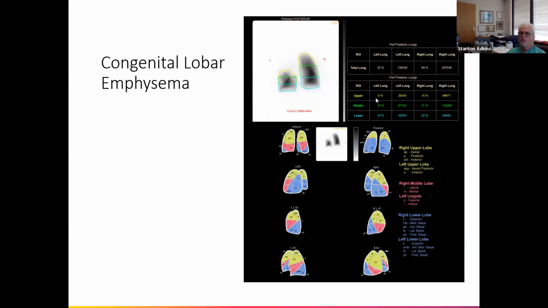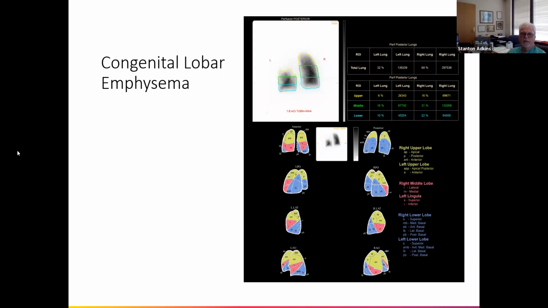By numerical analysis, they got only 6% of the flow in there, and I think that's probably excessive. You can see that the lower portion of the lung is pretty well perfused and looks pretty good here.